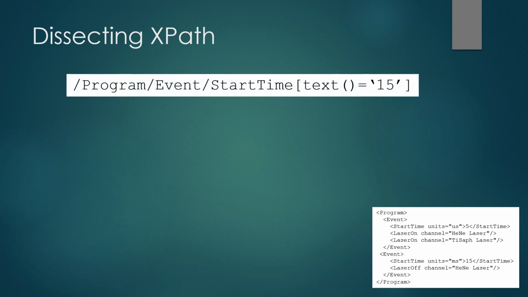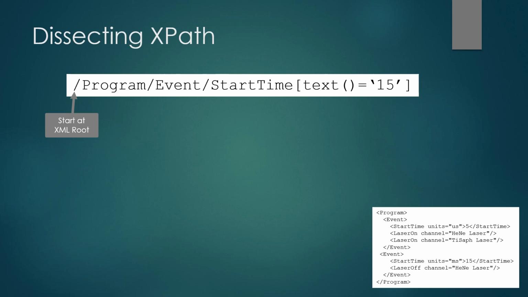Here's the one that we just had, and down in the corner is our original file. The first slash says start at the root. Just like in a Linux file system, there are relative paths and there are absolute paths. If you start with the slash, then you're starting at the top of the file. That's not the top of the schema, because you can have lots of things at the top of different schemas.